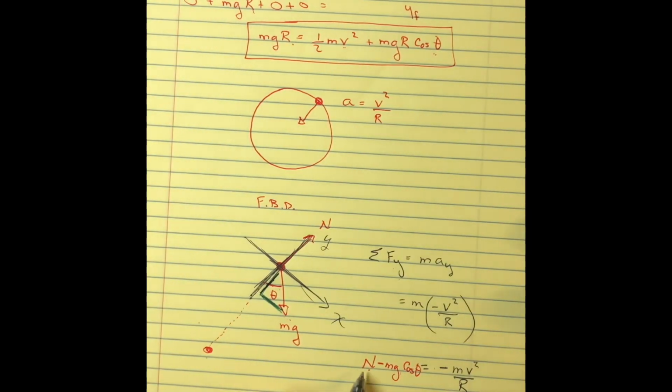So I'm going to take advantage of that and say, okay, when the normal force is zero, it leaves the surface, which reduces this down to a negative mg cosine theta equals negative mv squared over r.